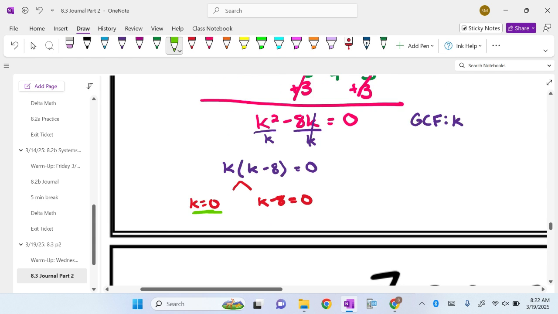One of your answers is going to be k is equal to 0. You don't have to do anything else with that. But the other one, what's the only thing we got to do to solve? Add the 8 to both sides. So k is equal to 8. So my answer is k is equal to the set of 0 and 8.